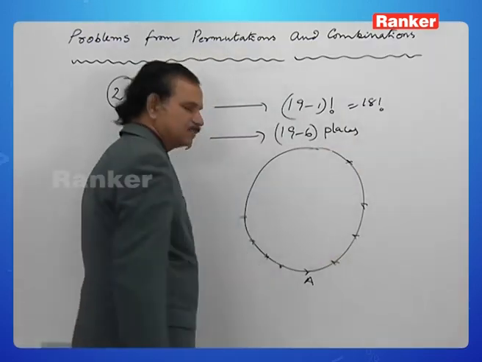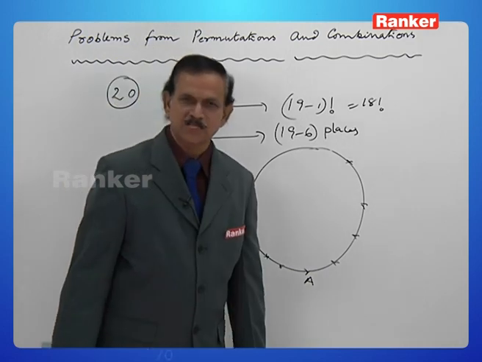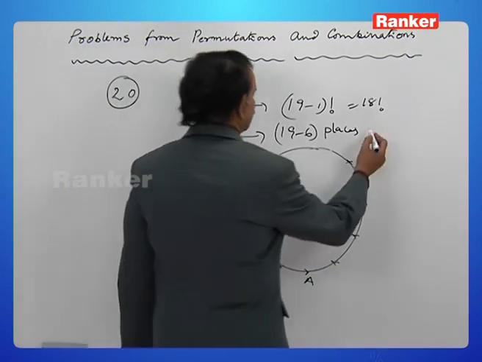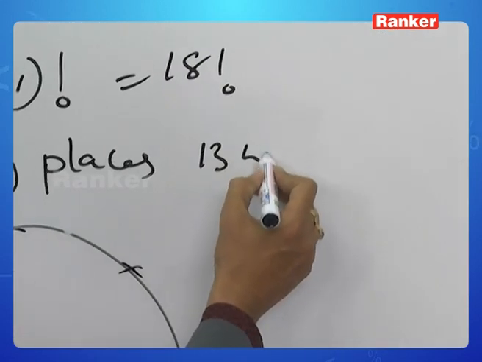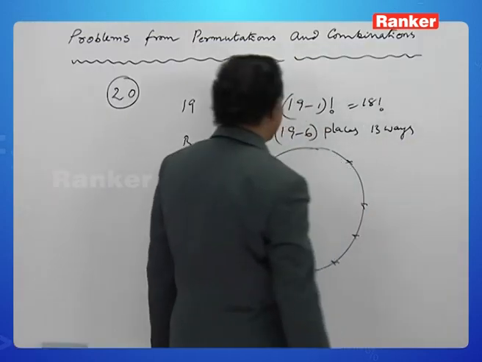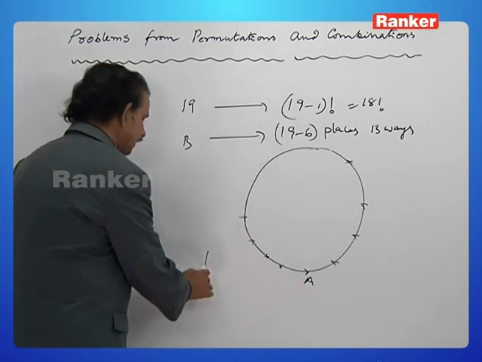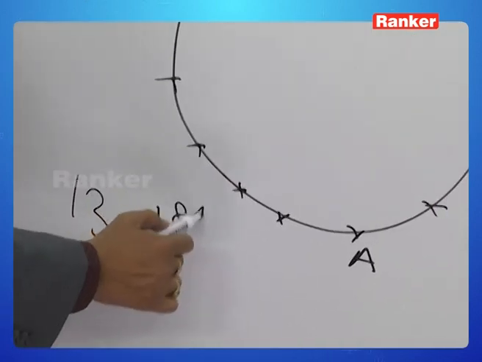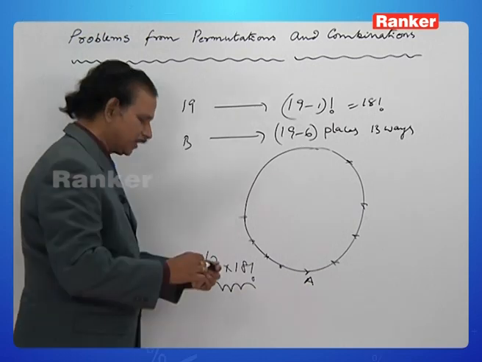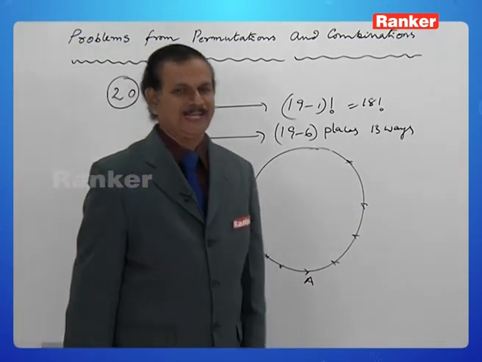What is 19 minus 6? 13. So, he can be arranged in 13 ways. Therefore, the total answer is 13 into 18 factorial.